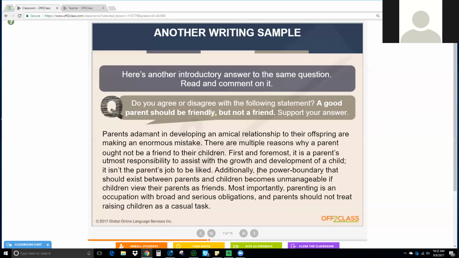First and foremost, it's a parent's utmost responsibility to assist with the growth and development of a child. It isn't the parent's job to be liked. Additionally, the power boundary that should exist between parents and children becomes unmanageable if children view their parents as friends. Most importantly, parenting is an occupation with broad and serious obligations, and parents should not treat raising children as a casual task.